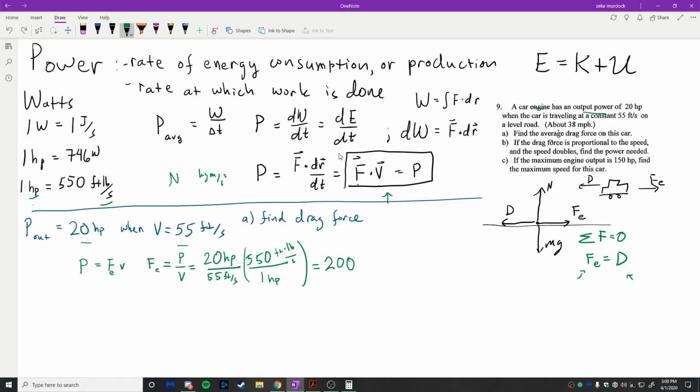Thank you. So bad. 200, and the answer is actually going to be in pounds, right? You can look at the units. You can see the feet per second cancel. So we're left with just 200 pounds. And then this, as we said over to the right, is also going to be equal to the drag force acting on the car. Does that make sense to everyone?